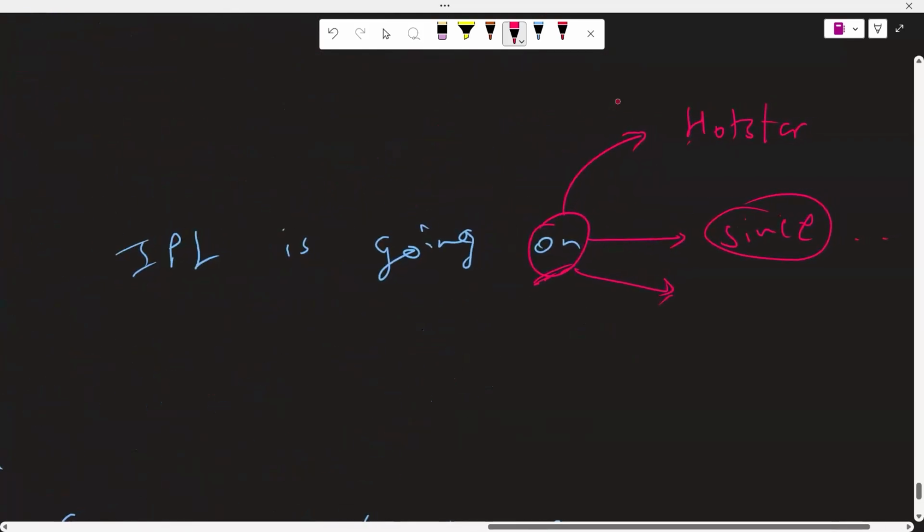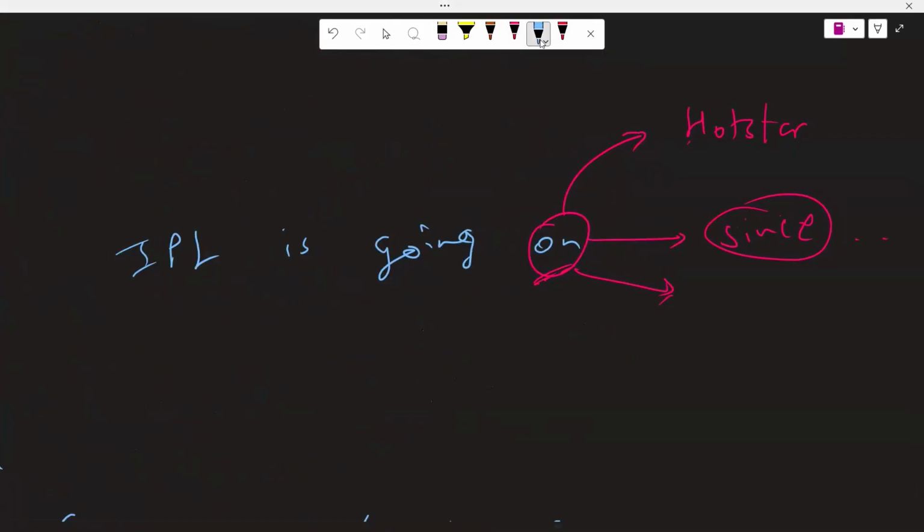Once you find out this probability, A given B or B given A, from on to Hotstar, you'll find out the same probability for on to since. And let's say finally you see the probability of Hotstar is the highest, once we decide, okay, we write Hotstar, and after Hotstar you need to predict what will be the next word. I'll again find out the same probability which I found out earlier, and based on that I'll decide what should come after Hotstar, right?